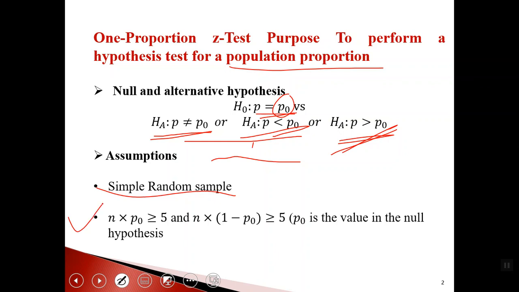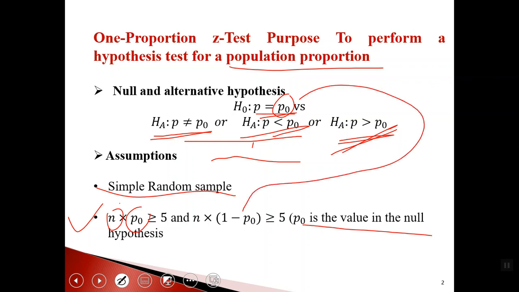But the second one is really important: you have to check n times p naught greater than or equal to 5, and n times 1 minus p naught greater than or equal to 5. Here n is the sample size, and p naught is the value in the null hypothesis.